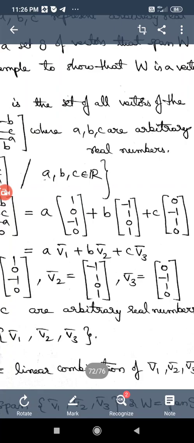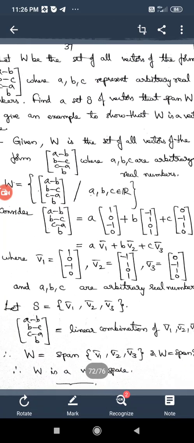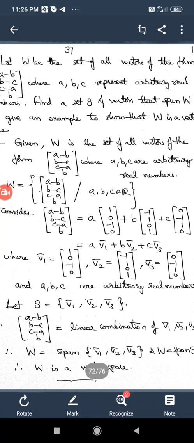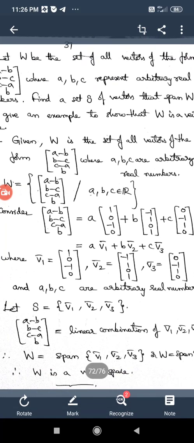Plus C times, now taking C common, in the first element there is no C, so we should write 0. In the second element it is minus C, so the coefficient of C in the vector should be written as minus 1, and in the third element it is 1, and in the fourth element there is no C at all, so it should be taken as 0.